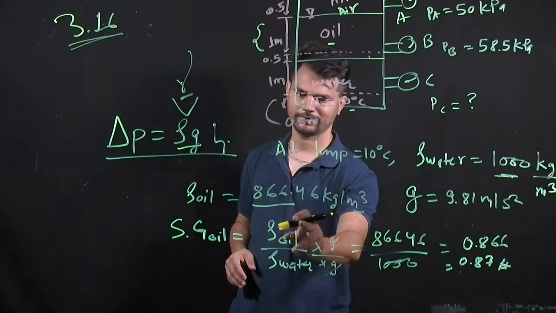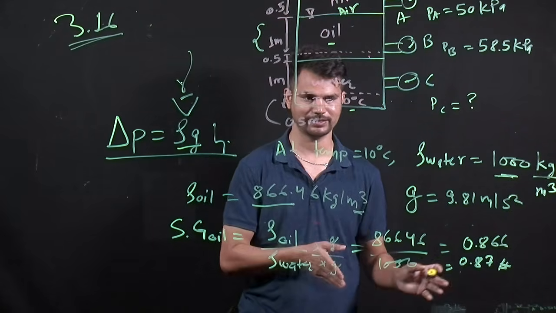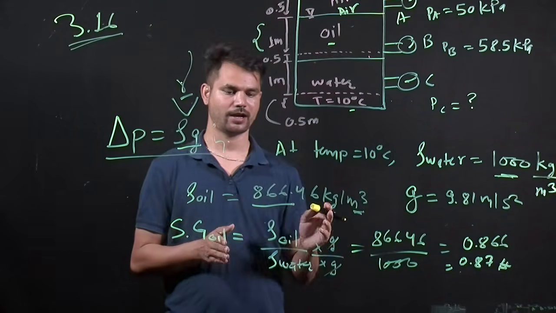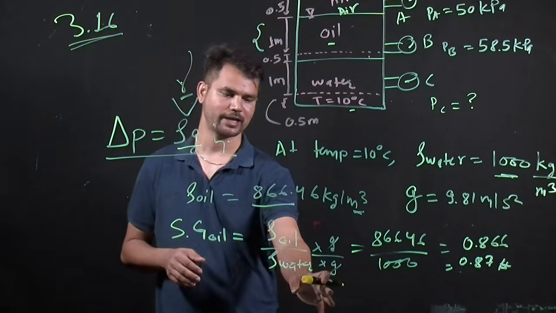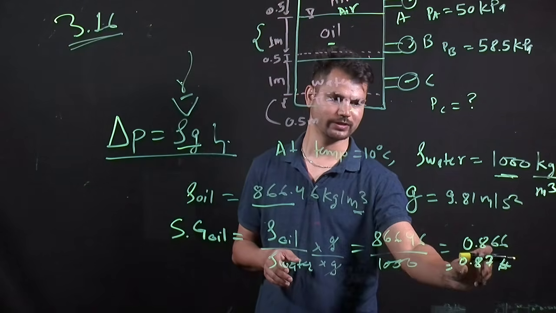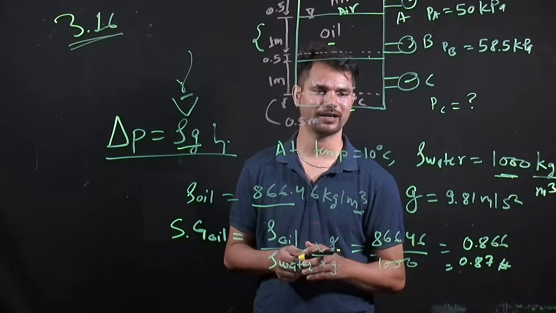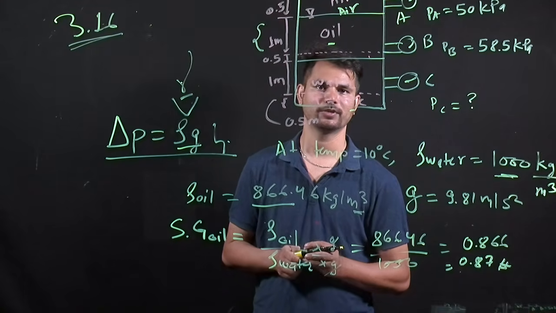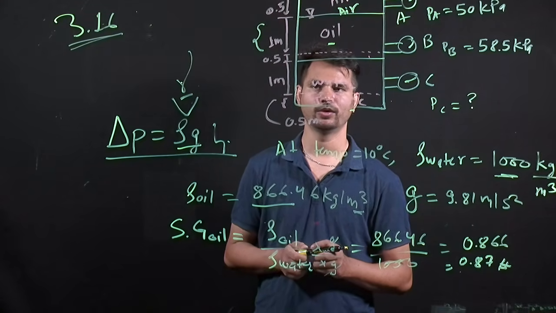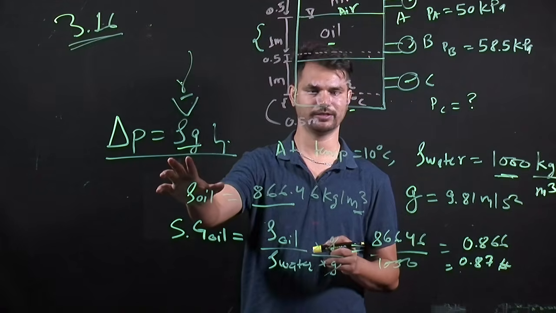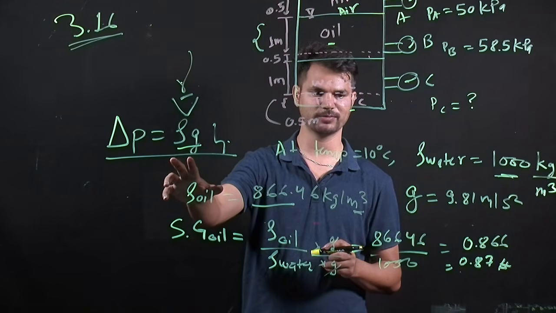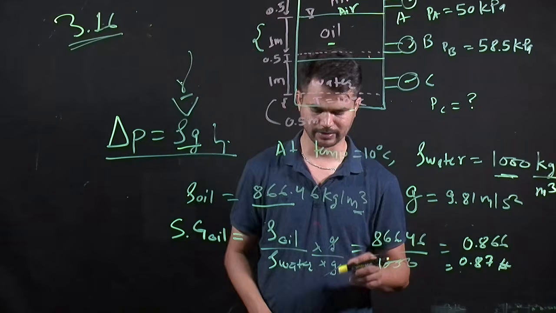We just use density times g divided by density of water times g, and we got 0.87. So it may be confusing as well, but once you know this formula, then it will be pretty clear.